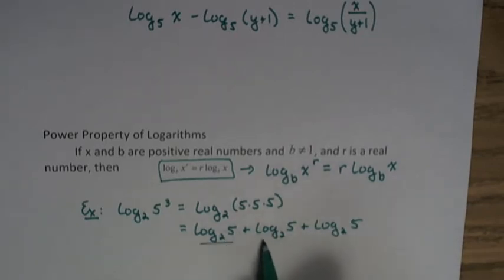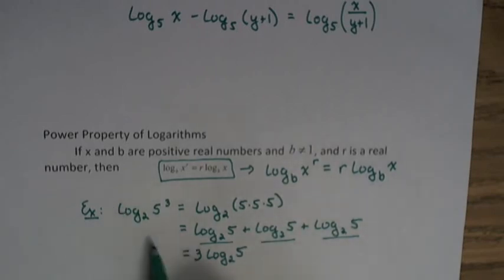Well, these 3 terms are all the same. I have 3 log base 2 of 5, so we know that with repeated addition, we can write that as multiplication. So this becomes 3 log base 2 of 5.